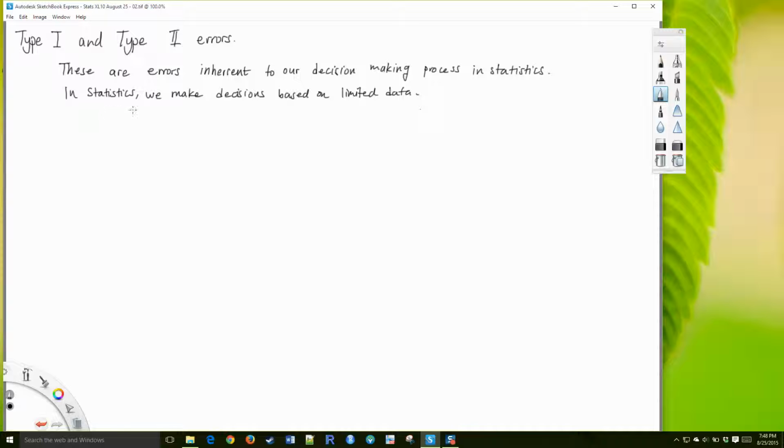We hope that's not the case, and random sampling is supposed to give us data that's representative of the population, but that's not always the case, okay? So, should give us a sample of data.